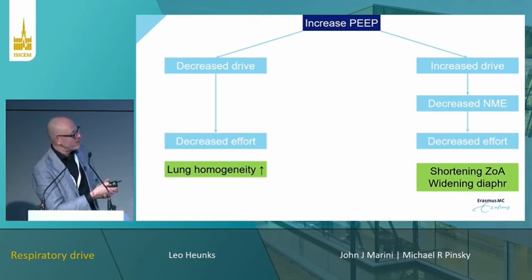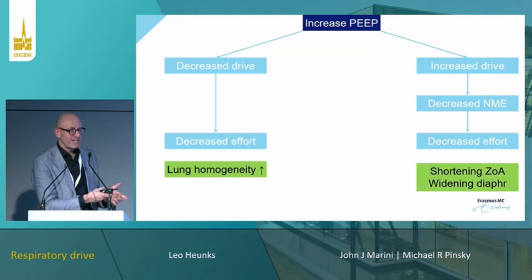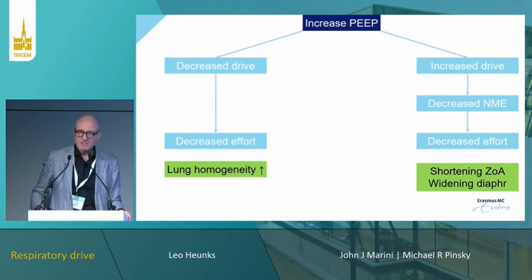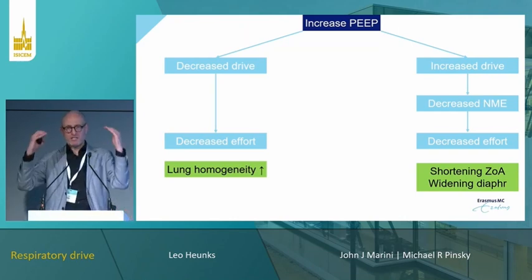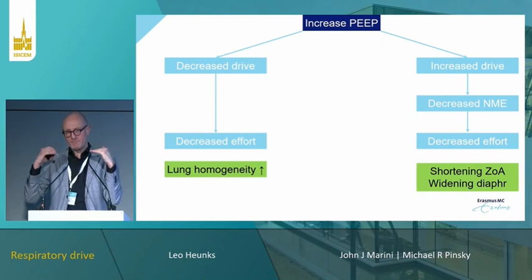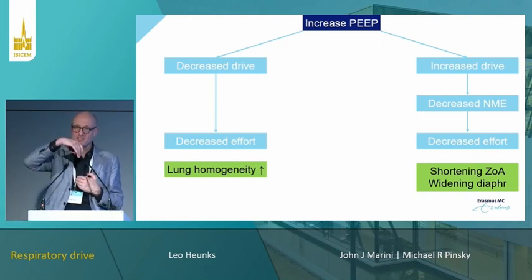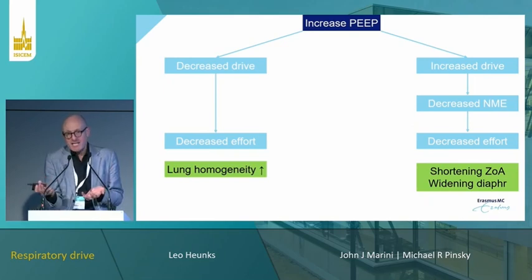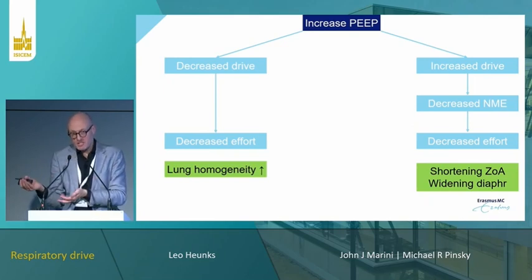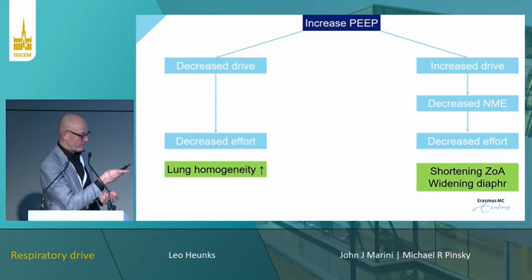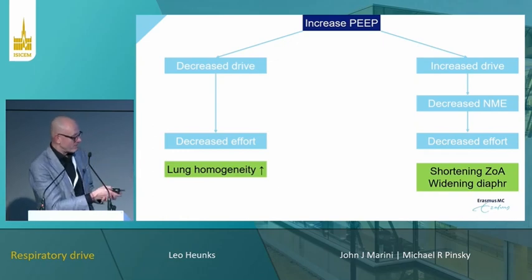But in some patients, an increase in PEEP increased drive, but neuromechanical efficiency decreases. How's that? If you increase PEEP, the diaphragm moves downward, becomes at another position on the length tension curve, so it can generate less pressure for the same respiratory drive. And I think that's interesting.